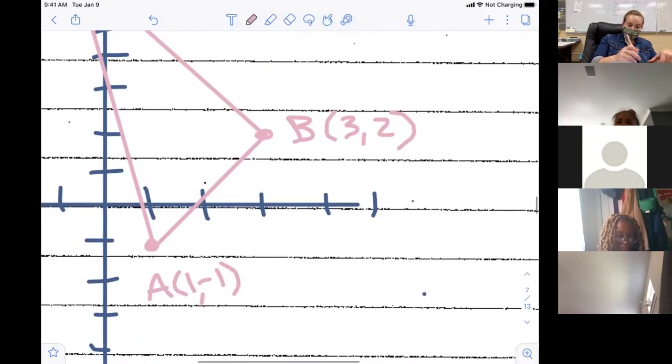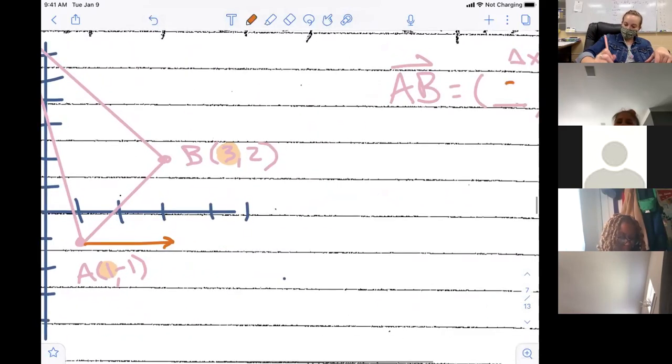So for A to B, I went from 1 to 3. If I'm thinking number line wise, I went over 2 units. I went from 1 to 3, 1, 2 units. So my first x is going to be 2.